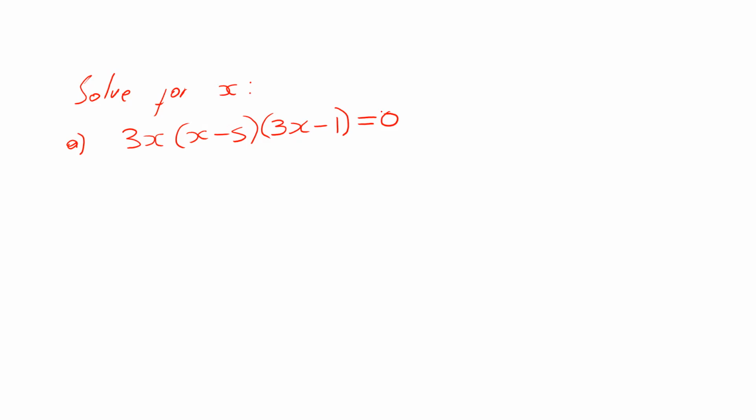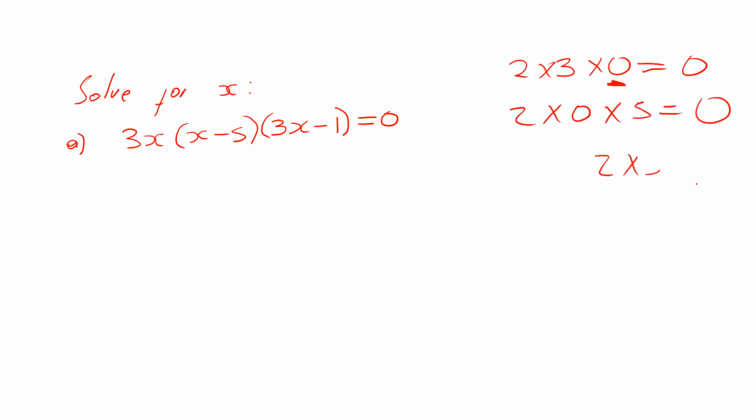For instance, you can take 2 times 3 times 0, but because of this 0 here, the product will be 0. Or you can have 2 times 0 times 5. Again here, the product will be 0. But 2 times 5 will give you 10. So the only way you can have a product of 0 is when one of the vectors is equal to 0.